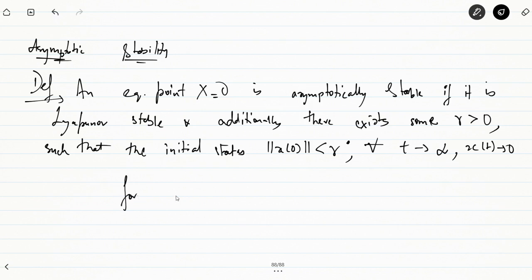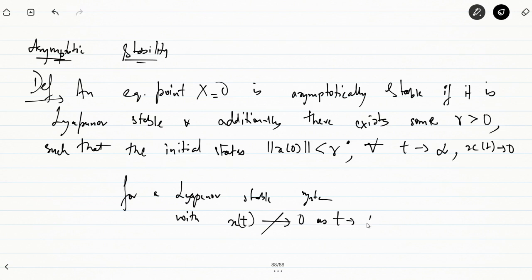For a Lyapunov stable system with x(t) not approaching 0 as t tends to infinity, the system will be marginally stable.